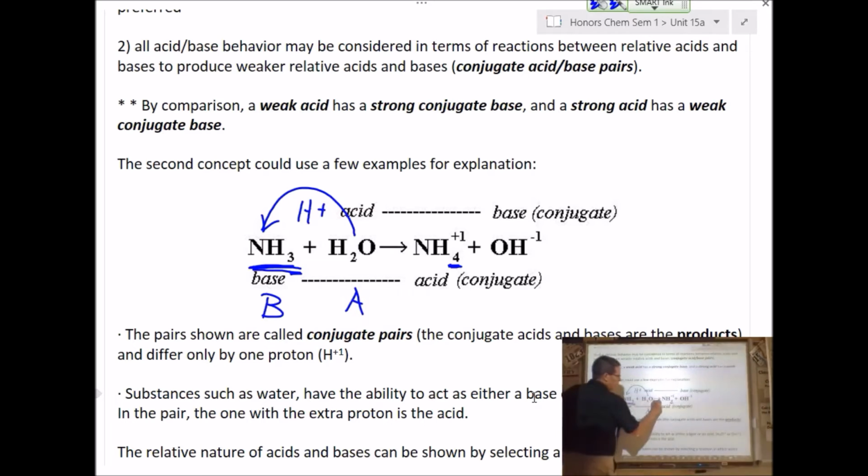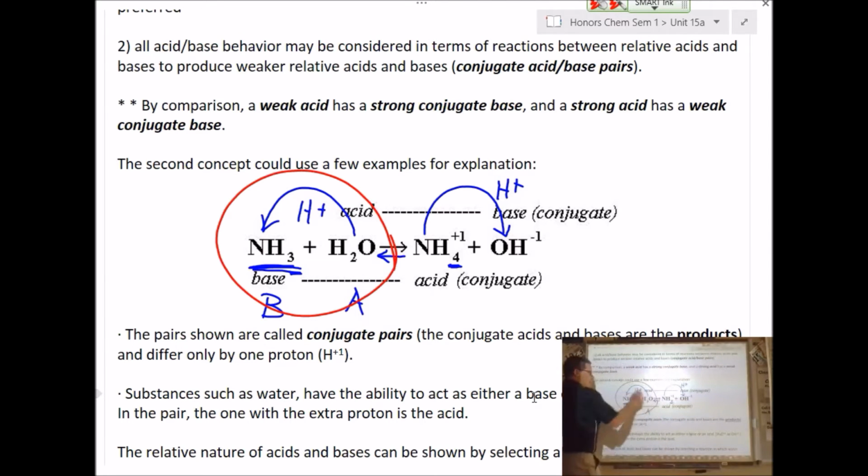If I were to flip this arrow around, which we're going to start to trek into, we can do that. If I want to get NH4 with a +1 charge back to NH3 with no charge, how would that happen? It would donate a hydrogen. So here on this side, it's acting like an acid, but we can't say that it's an acid because acids and bases are only on the reactant side or the left side.